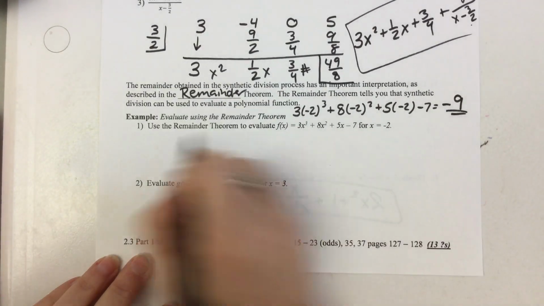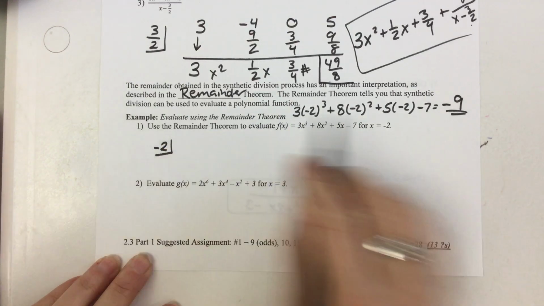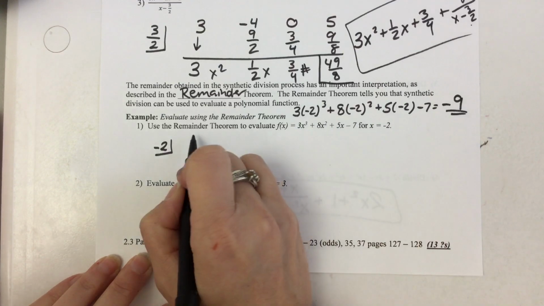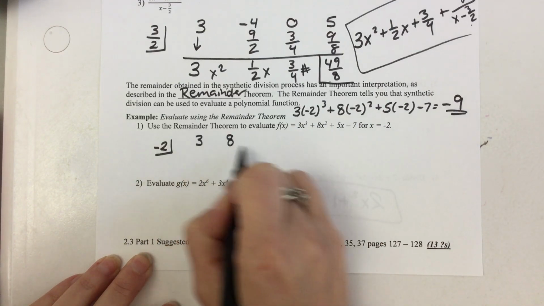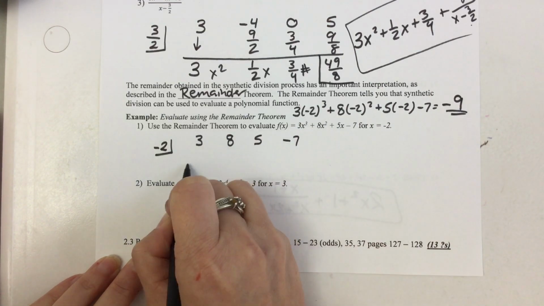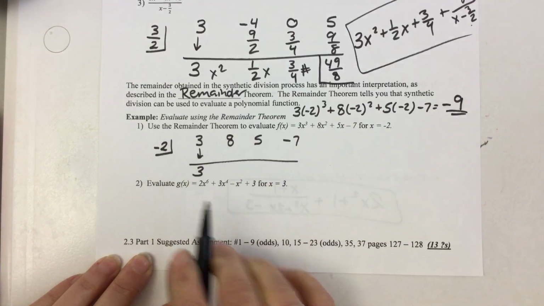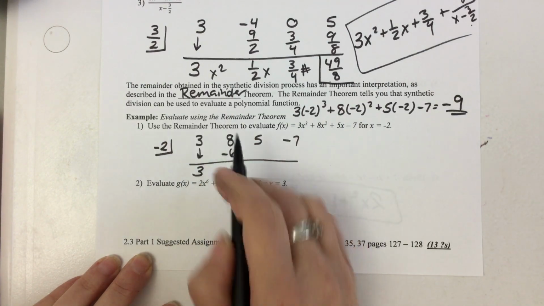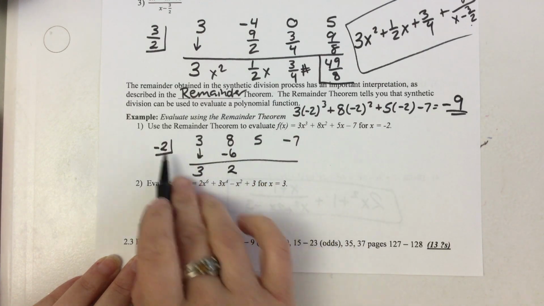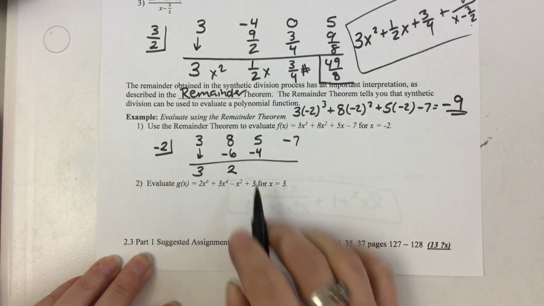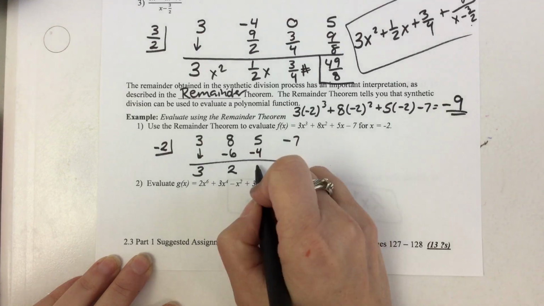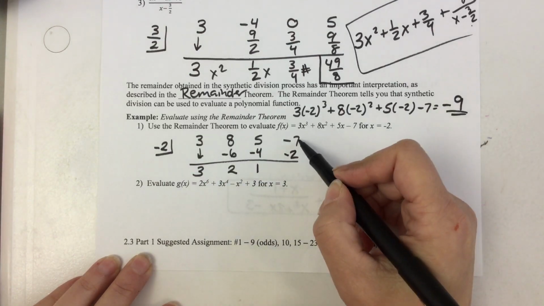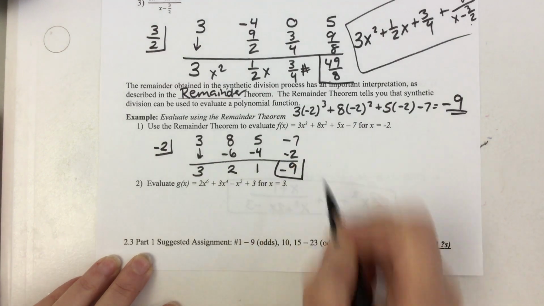Check this out. If I do synthetic division where I put this value in the box, 3 x cubed's, 2 x squared's, 1 x's, no x's: 3, 8, 5, -7. Bring down the 3. 3 times -2 is -6. 8 plus -6 is 2. 2 times -2 is -4. 5 plus -4 is 1. 1 times -2 is -2. -7 plus -2 is -9.